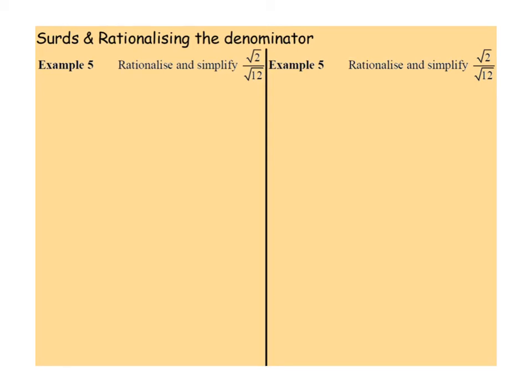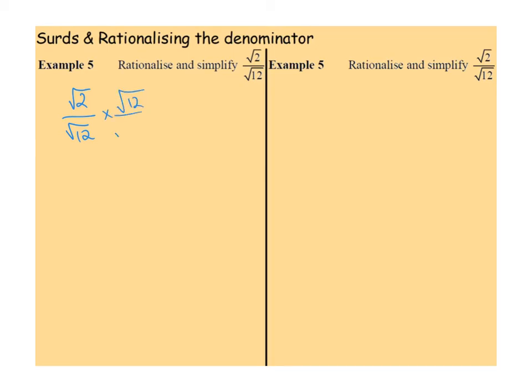Okay, and so here's an example where that same scenario comes into play. I could simplify this in the most common method, which is to do root 2 over root 12. We're rationalising the denominator, so we don't need to care about the root 2 as the numerator. We care about the denominator of root 12.